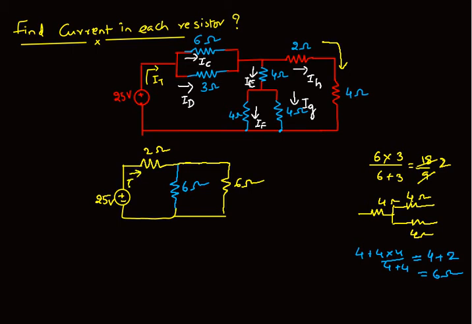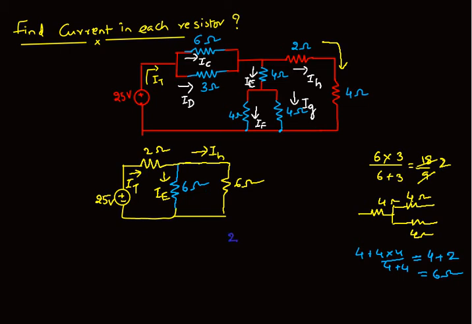So this is, let us say, total current IT, and this will be IE, and this will be IH. Suppose I want to find out the total current IT. You can see here, these two, 6 ohms and 6 ohms, both are in parallel, so I can convert them into one resistor, and also 2 ohms is in series.